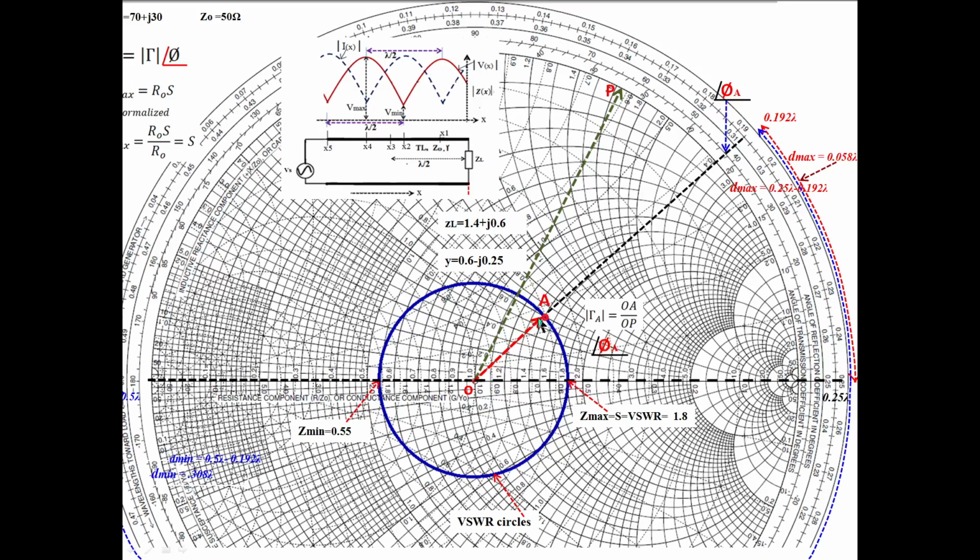This is the converse approach. If the load is given, you can find out at what distance the maxima is, the d maxima. In the other approach, we know the maxima. If you know the VSWR, we have drawn the circle, and this is the maxima position. They may provide it like this: from the maxima, the load is at a distance of 0.058 lambda. Find the load value. The question may be like that in the opposite way.